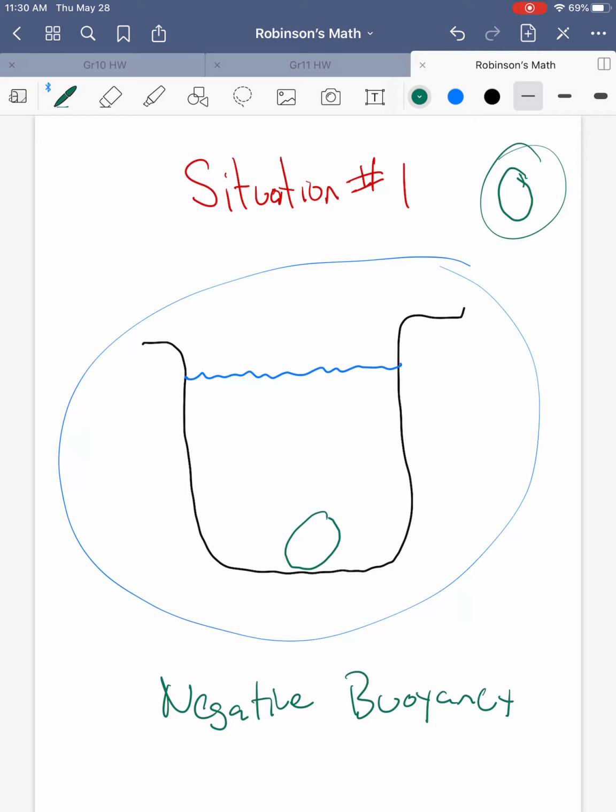So there's a couple questions that we have to answer here. Why did the egg move down when I let go? I didn't push it. I simply just put it on the surface and let go. And then the egg sank down to the bottom of the beaker. Well, the best wrong answer is that the mass of the egg is bigger, because that's actually not true. The mass of the fresh water is much more than the mass of the egg.